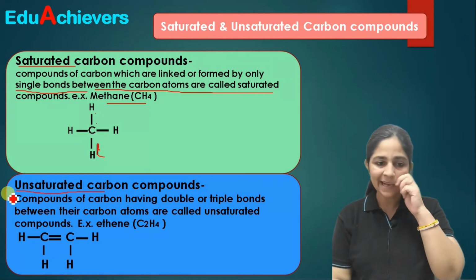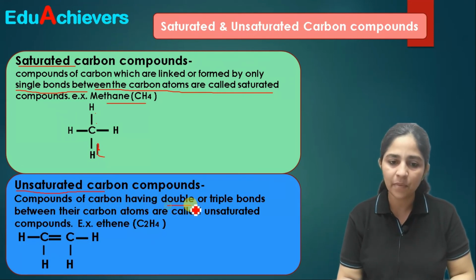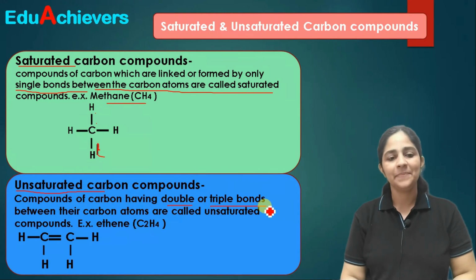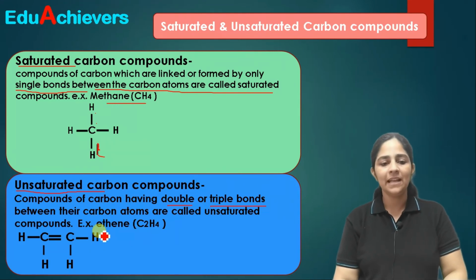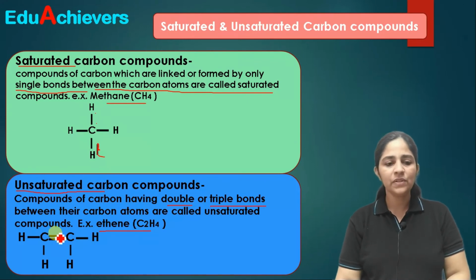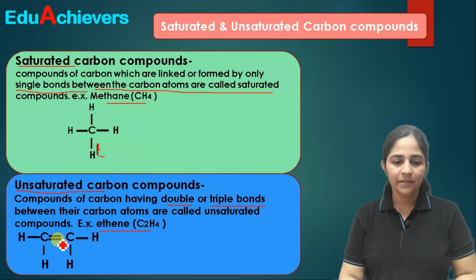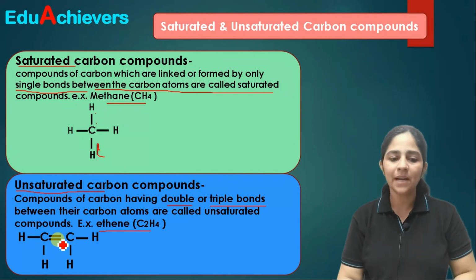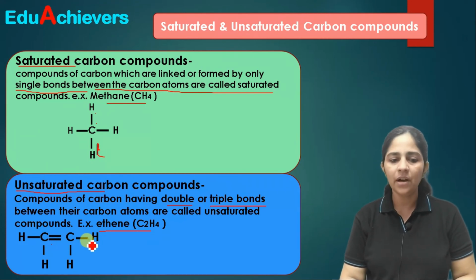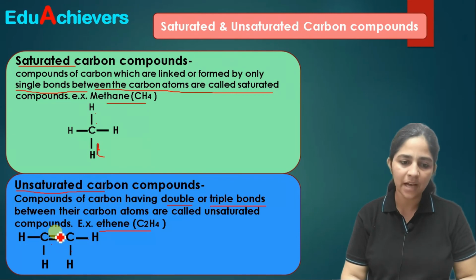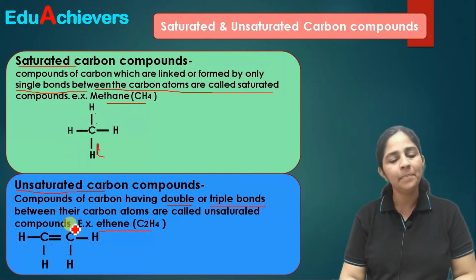For example, we can take the example of ethene. You can see here that 2 pairs of electrons are being shared in the double bond, and then the other electrons are shared here. So that's how the valency of carbon gets completed here.